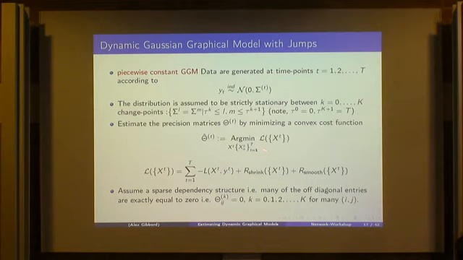And the goal would be how you can estimate this precision matrix by minimizing a convex cost function. This cost function will have a structure where you have the likelihood, then a shrinkage penalty. The shrinkage penalty comes from the fact that I'm assuming a sparse dependency structure. So I'm already assuming that not all of the entries are non-zero.